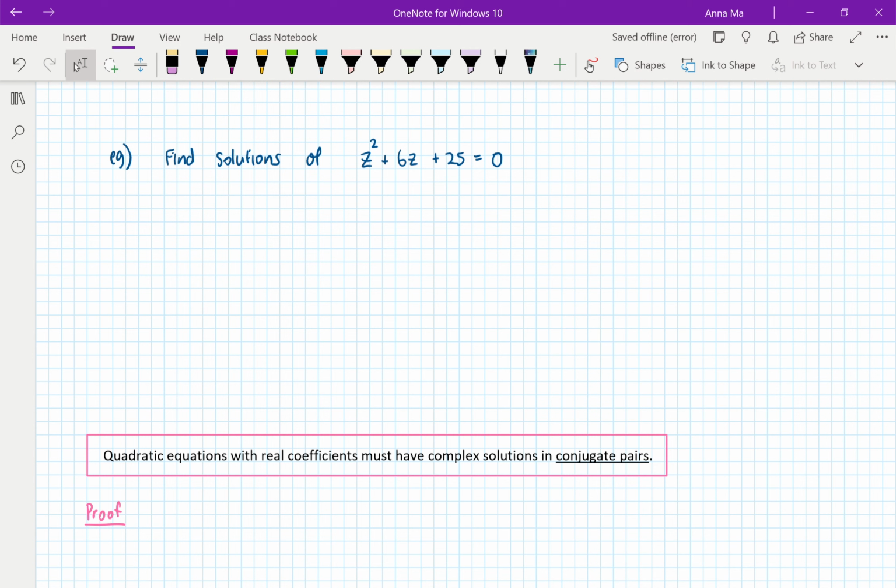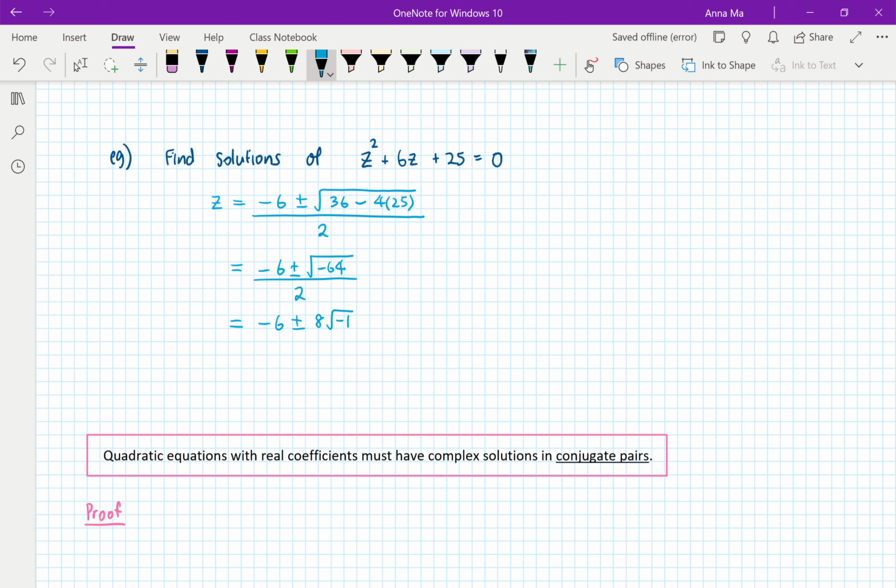For the third example, I might just use the quadratic formula, although I'm happy for you to use the other methods. I'm just trying to use different methods to solve the problems. So if I just plug it into the quadratic formula, and I think by now you have memorized the formula, and then if I simplify, I get a negative number inside the square root, but no worries because we know we can pull out the root 64 as 8.